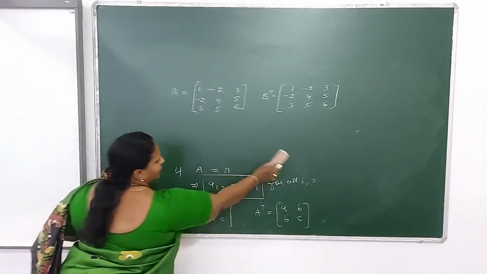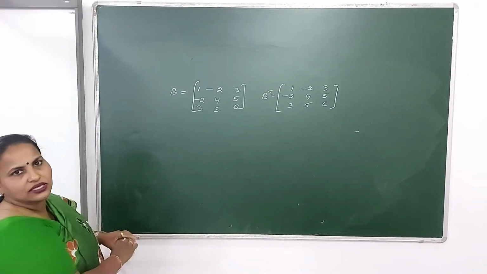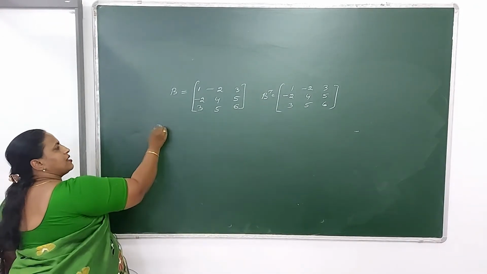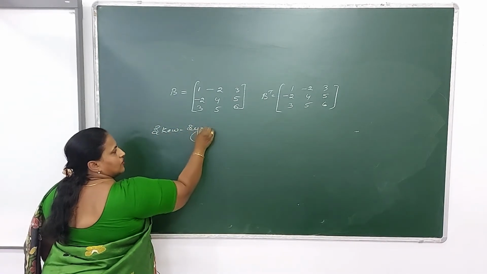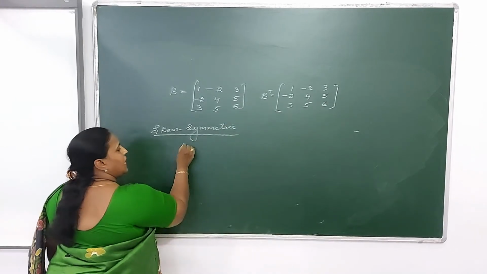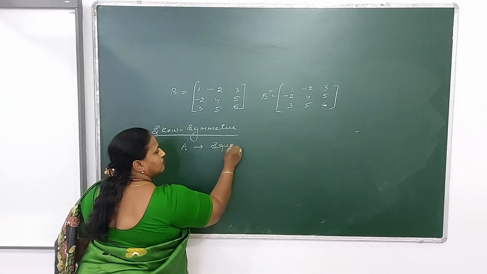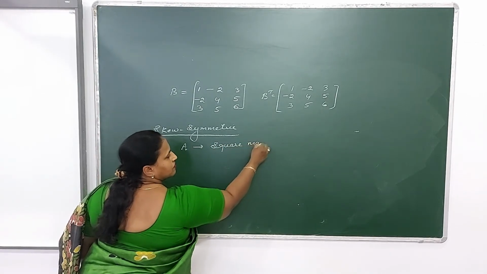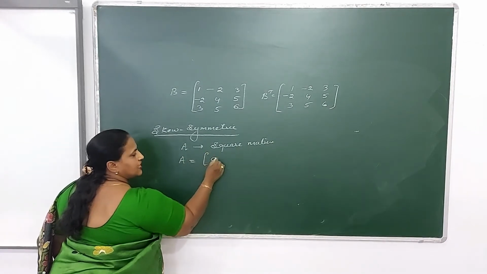Okay, next is skew symmetric matrix. Let A be a square matrix of any order such that A is equal to Aij.